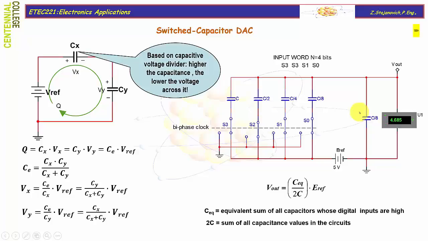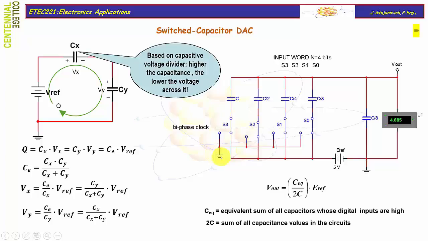A special phase clock controls the position of the switches S3 to S0. How does this phase clock work? In the first half of the clock, all switches connect capacitors to common ground, thus providing a discharging path, so the voltage across them drops to zero.